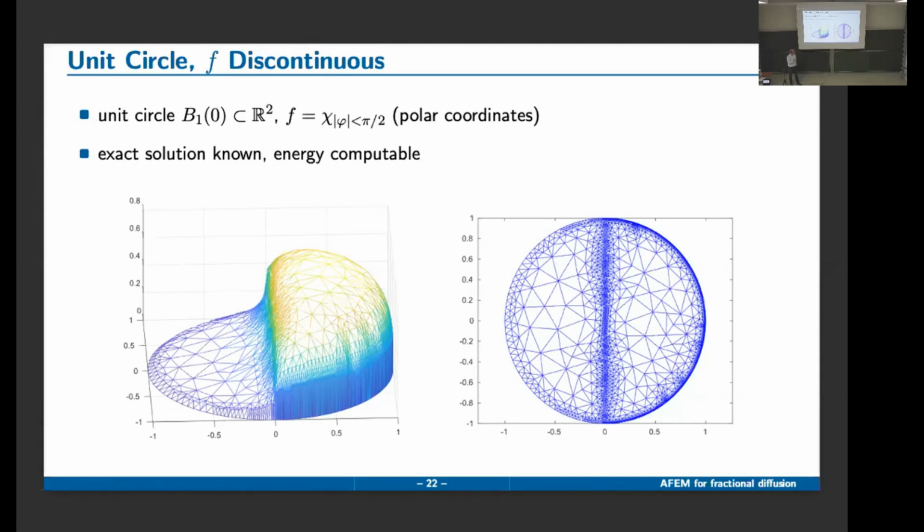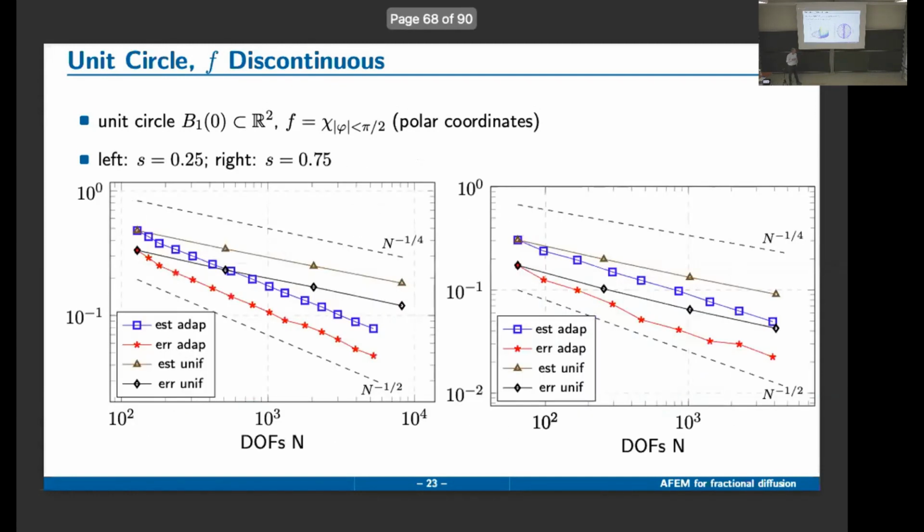Then a mesh may look something like this. So you're not only refining on the boundary, but you're also automatically refining at the discontinuity of the right-hand side in your algorithm. And the same goes for the rates. Again, n to the power -1/4 for uniform refinement, and n to the -1/2 for adaptive refinement, for both fractional parameters.